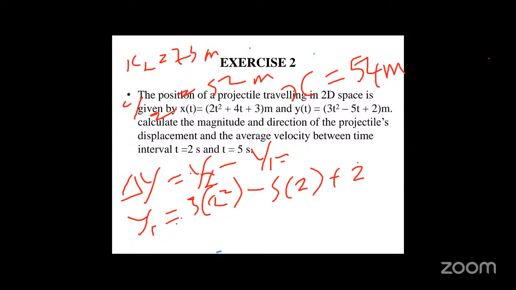So 2 squared is 4. 4 times 3 is 12. 5 times 2 is 10, plus 2.